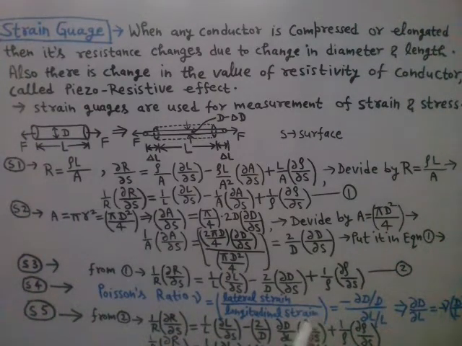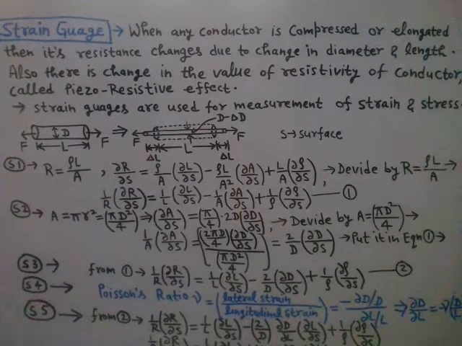So if you cancel out del L, you will get the same del d by del s, right? So now in place of this del d by del L, you simply write the Greek letter V into d by L, right?